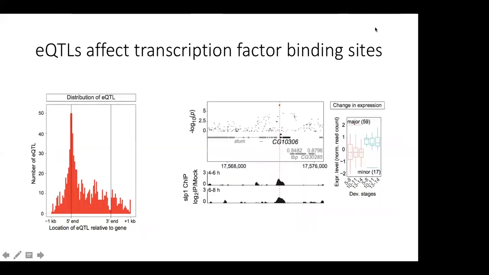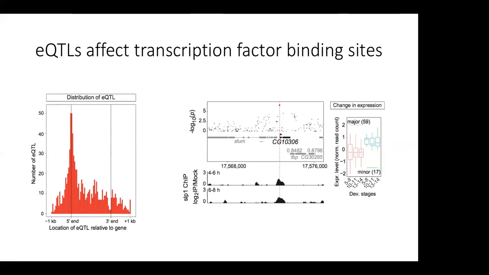And here is just an example of what we see, and this is a case for the gene CG10306, where there is a single nucleotide polymorphism that affects a transcription factor binding site. That is a transcription factor binding site for sloppy paired.